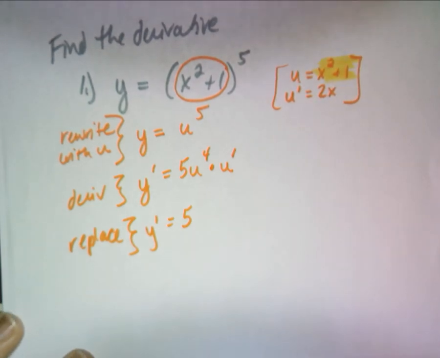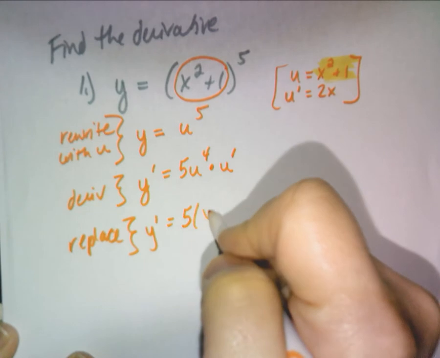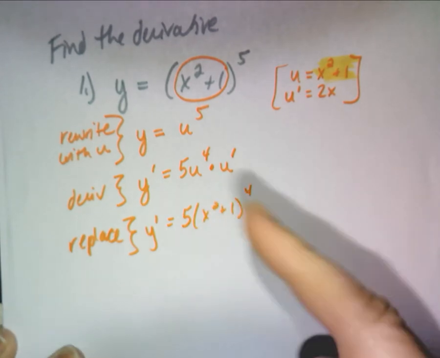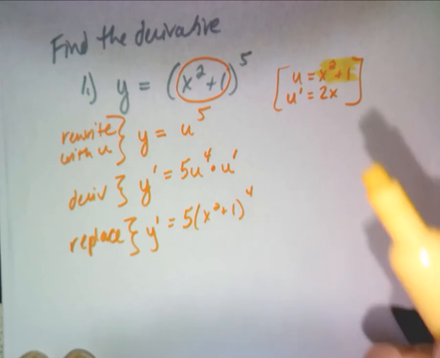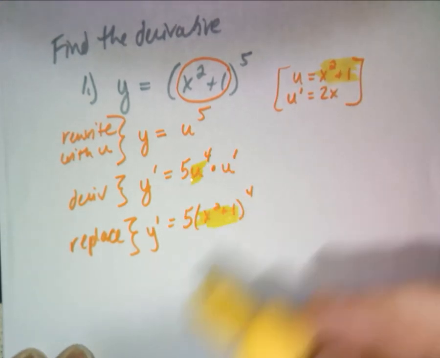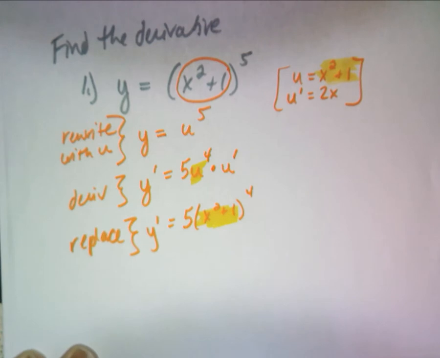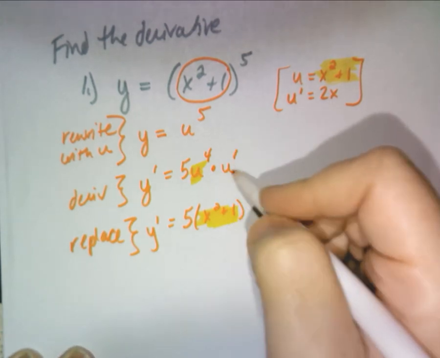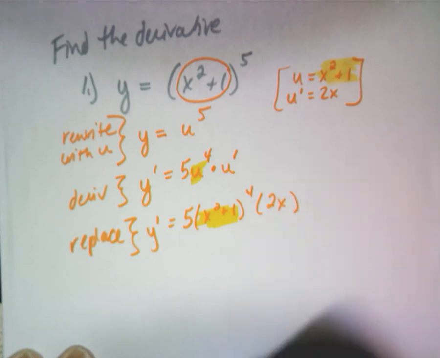So I'm going to write x squared plus 1 to the fourth, right? Isn't that what u is? We just established that before. This is u. We have it over here. I've just replaced it. Then, what am I going to write next to it? 2x, the u prime.